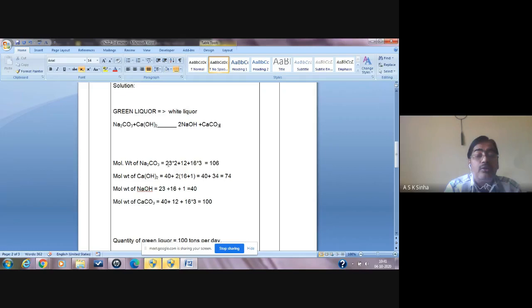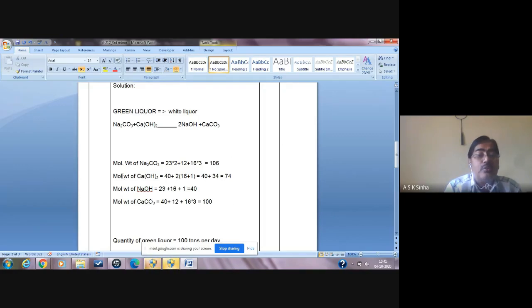Adding all of them, sodium plus carbon plus oxygen, the total is 106, the molecular weight of sodium carbonate. It can be taken in grams or kg, but all the units should be the same. We will take the SI unit.